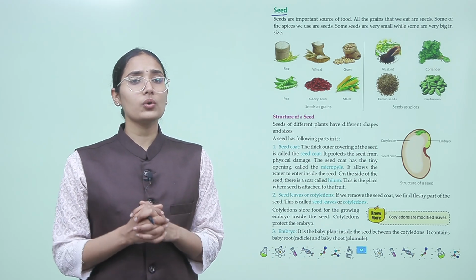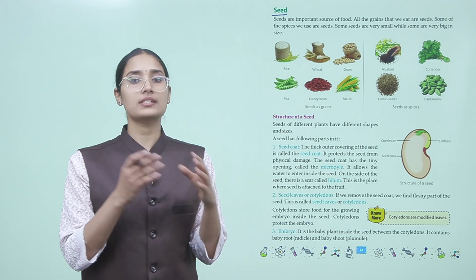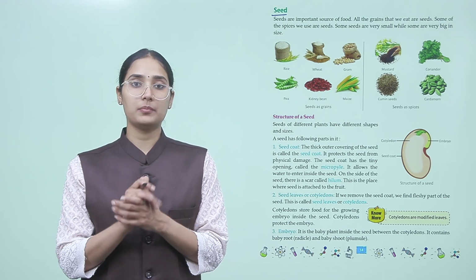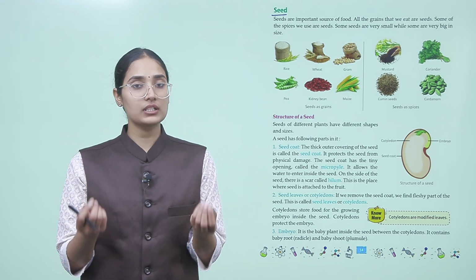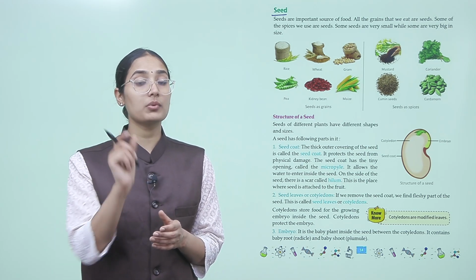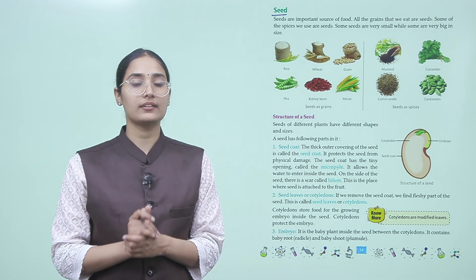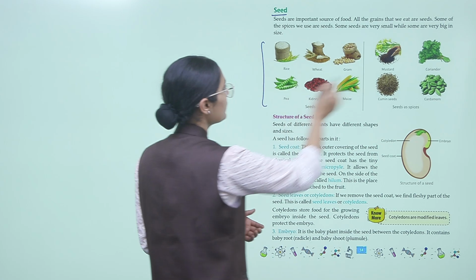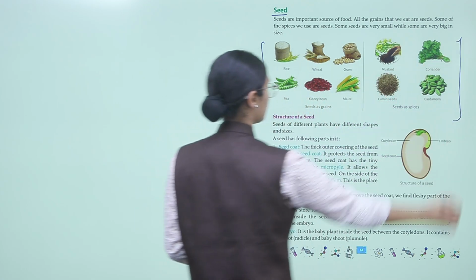Some are very small, some are quite big. For example, cardamom that we use in tea is a significant size, it's not very small, but mustards are very small seeds. So these are all different kinds of seeds.